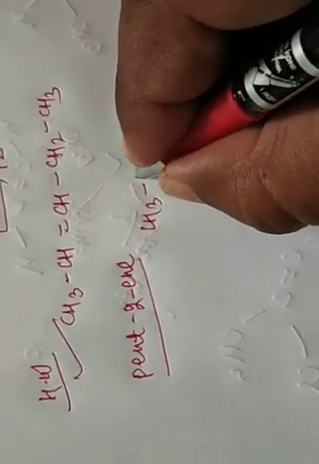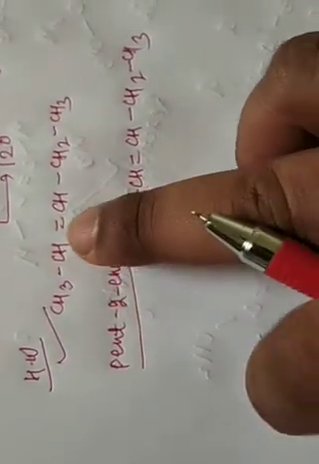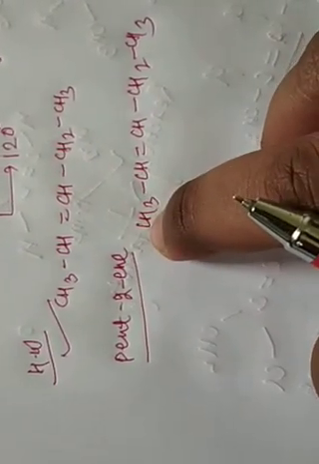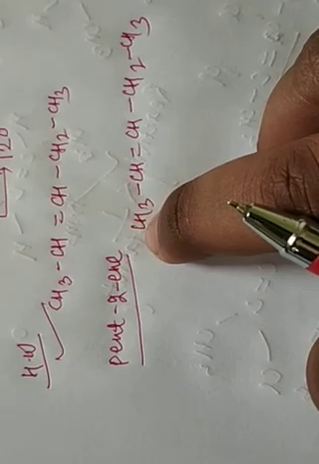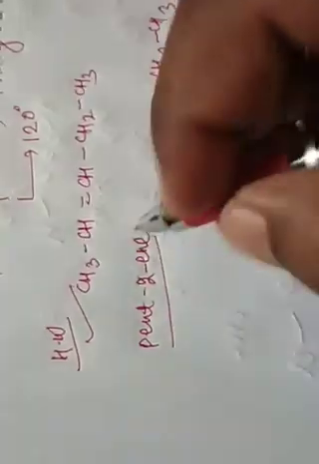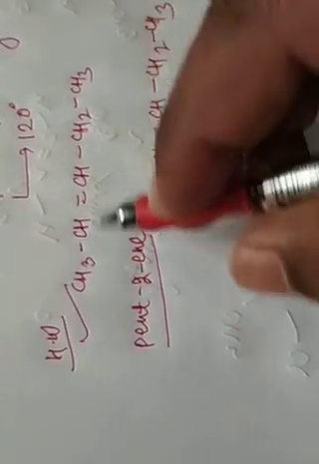First write down the structure: CH3, CH, double bond, CH, single bond, CH2, single bond, CH3. Pent-2-ene, carbons 1, 2, 3, 4, 5. Same question. This is your homework.